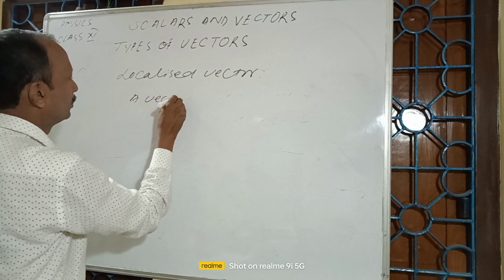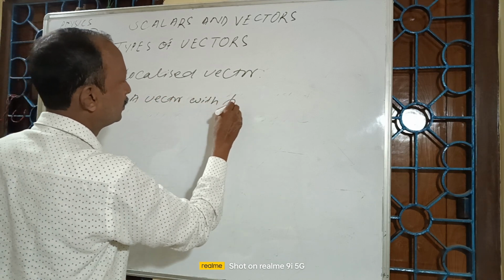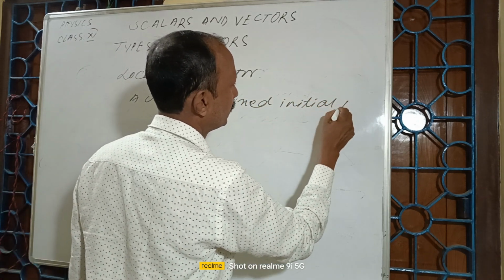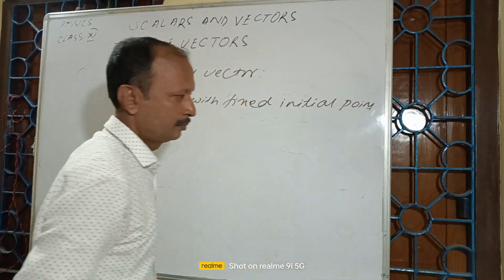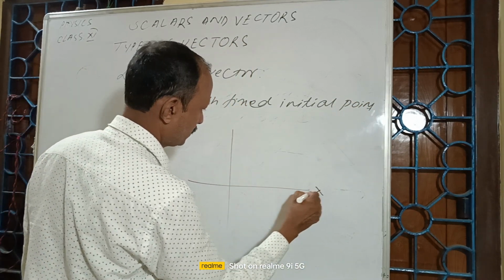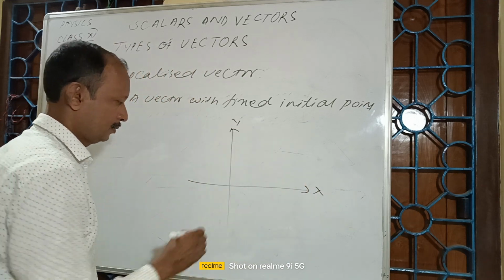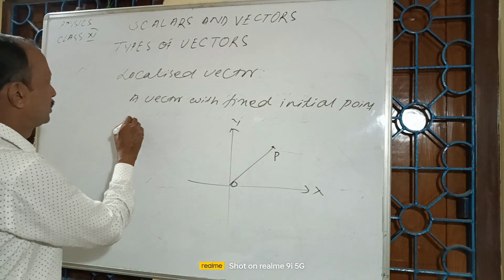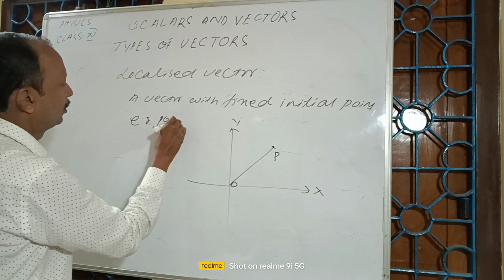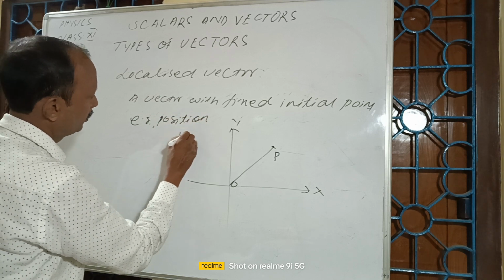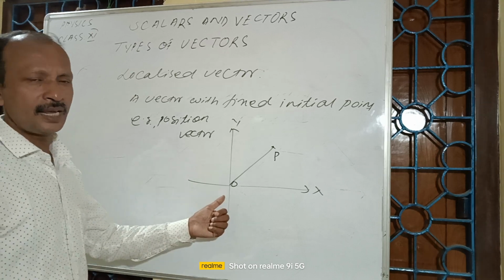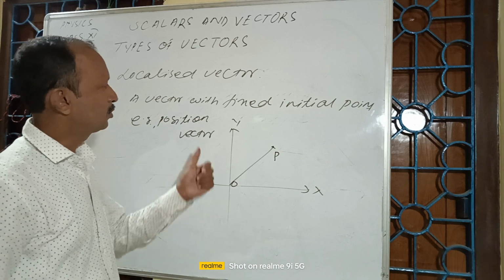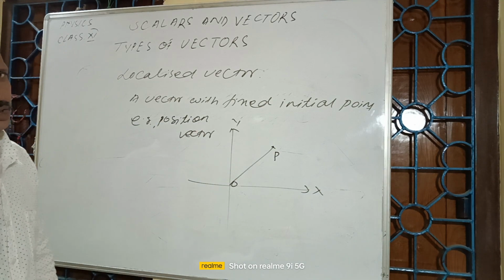A vector with a fixed initial point. Its initial point is fixed. You see that this is the x-axis, this is the y-axis, this is OP. OP is a position vector. For example, a position vector. Its initial point is the origin, or you can say the reference. It is fixed. So, I can say it is a localized vector.